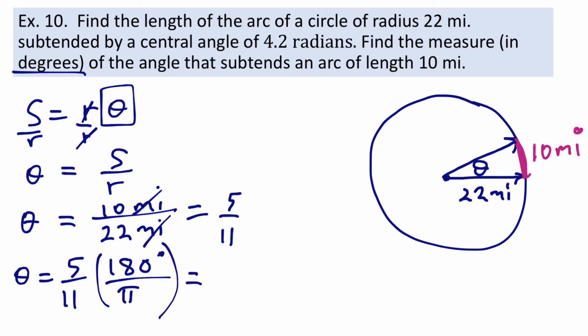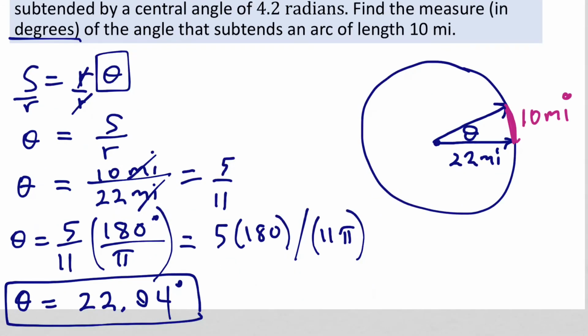All right, so I'm going to punch that into the calculator. So that's just 5 times 180 divided by 11 pi. So I punched that in and I got roughly 22 degrees, so that is a small angle, so that makes reasonable sense. So we're going to highlight that.